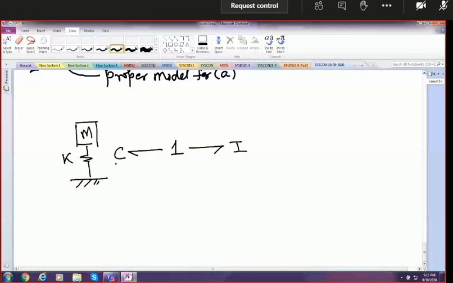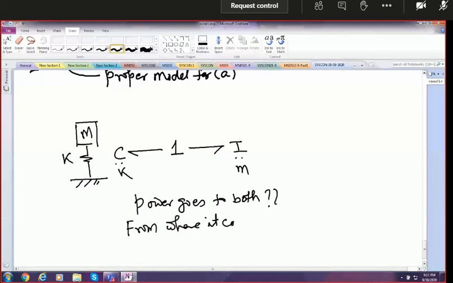This is M. So power is going to both of them. From where does it come? That's the confusion. We have put this kind of power direction, so power is going to both of them. It must be coming from somewhere, but we don't have anything. So it's very simple.